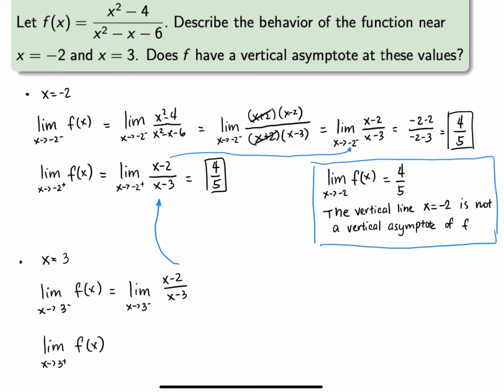If we determine 2.9 minus 3, we will get a negative value. So this means that the numerator is 1, a non-zero value, and the denominator is approaching 0 through negative values. So this is now equal to negative infinity.